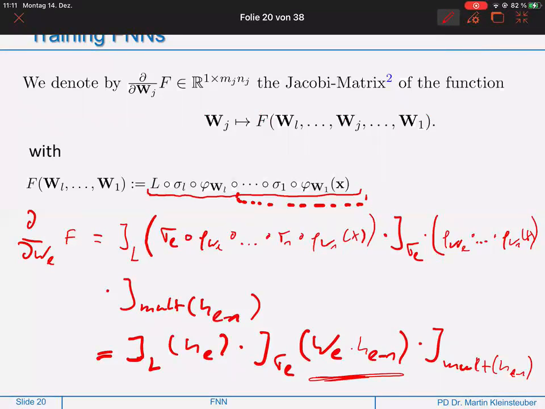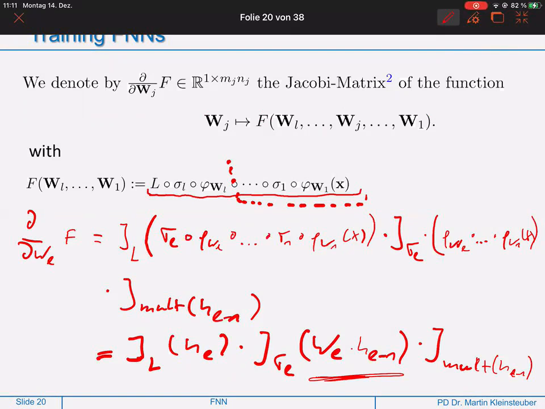We start with the last weight matrix WL. If we build the derivative with respect to WL, what in this line depends on WL? Everything after this part.